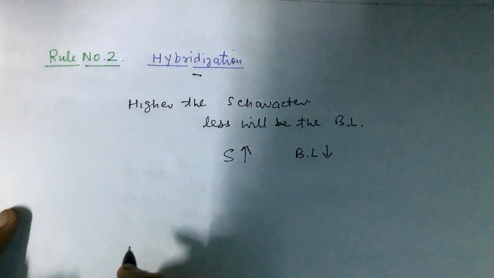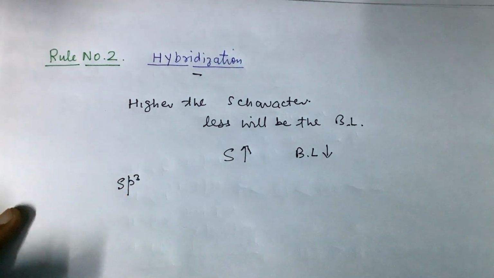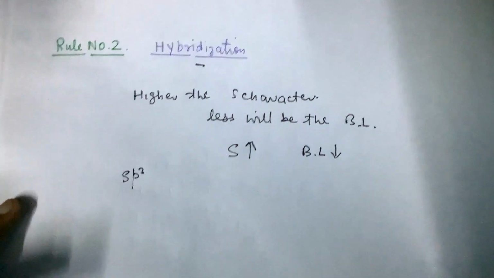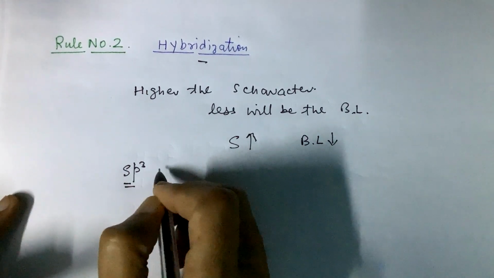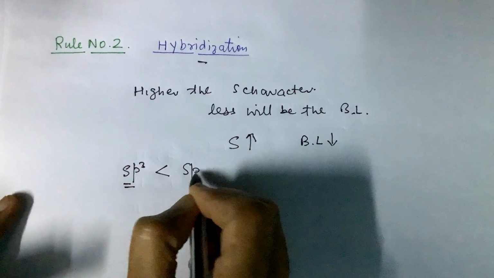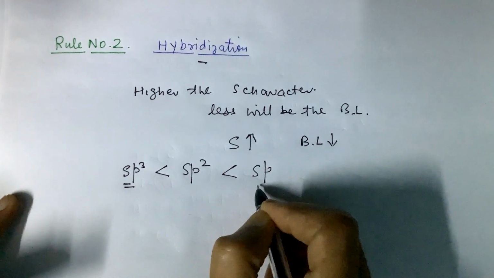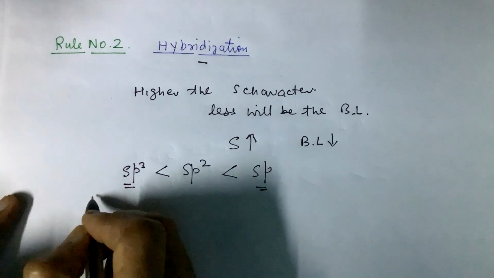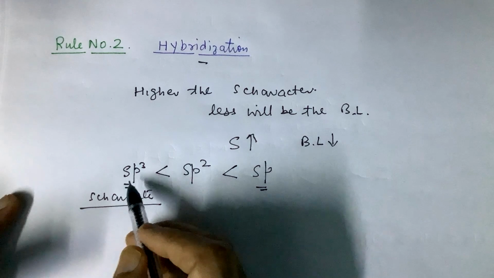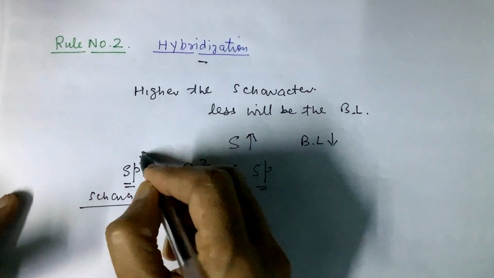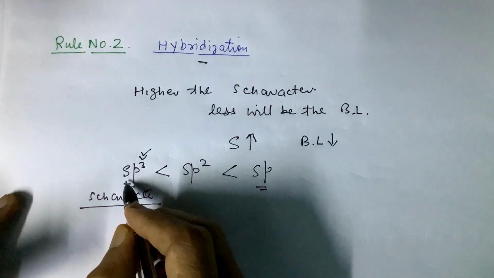In sp3 hybridization, the s character is less than in sp2 hybridization, and that is less than in sp hybridization, because in sp3, p has more weightage than s orbital.